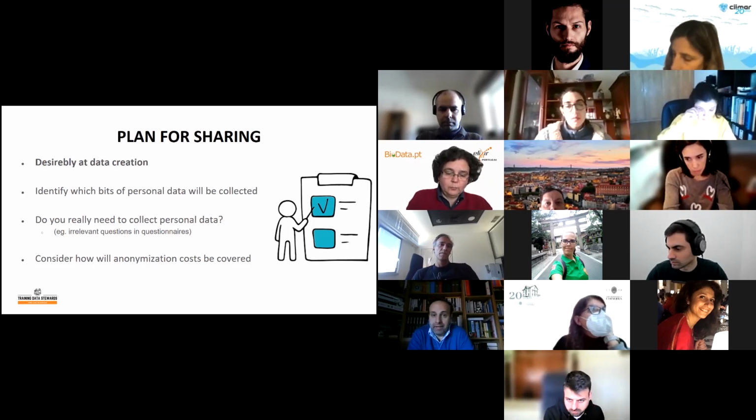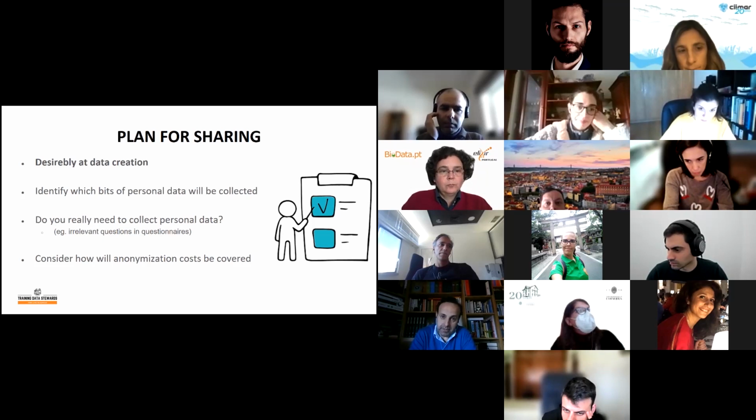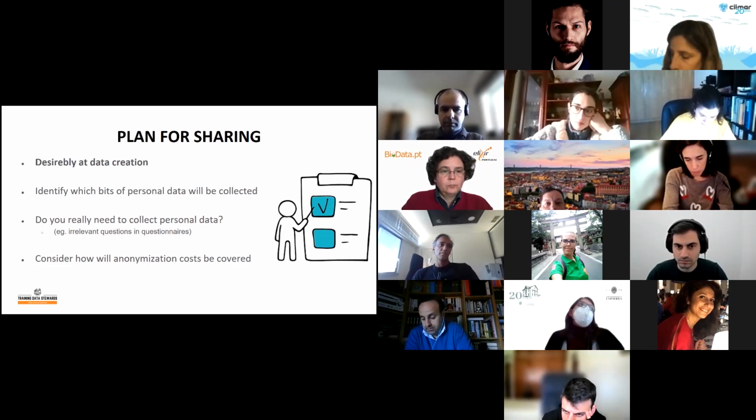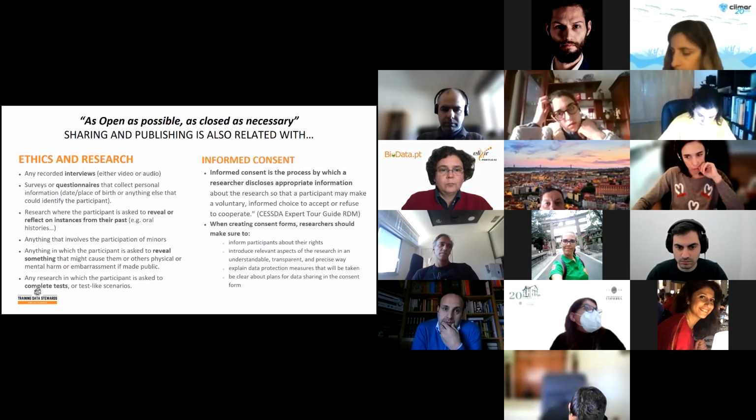So we need to have a plan for sharing. Yesterday it was already mentioned in the data management planning model, and for sure it is also important to consider in the principles of FAIR data.